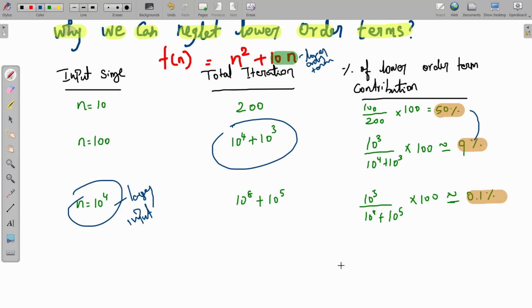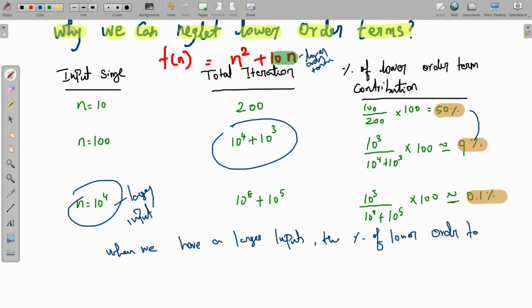See, why we can neglect means, when we have larger inputs, the percentage of lower order term is very small.